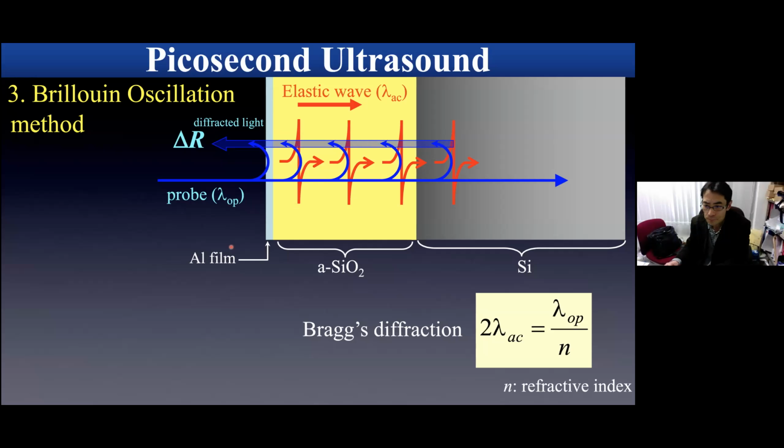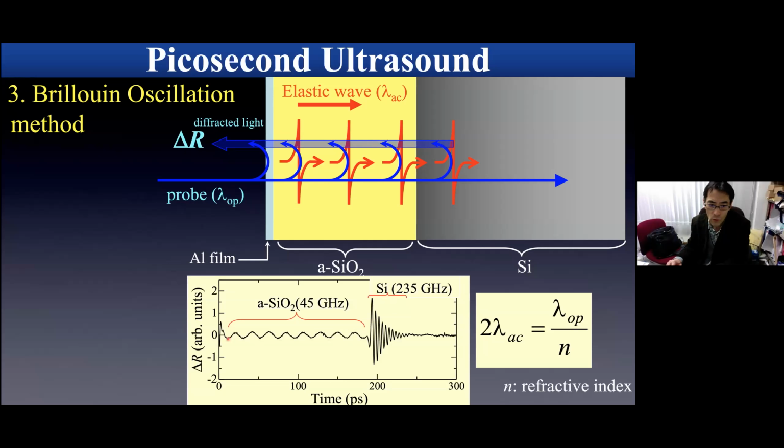And then oscillation is observed in the total reflectivity of the probe light pulse. This oscillation frequency is equal to the frequency of the sound wave. For example, in the case of the glass thin film, a 45 gigahertz frequency is obtained.